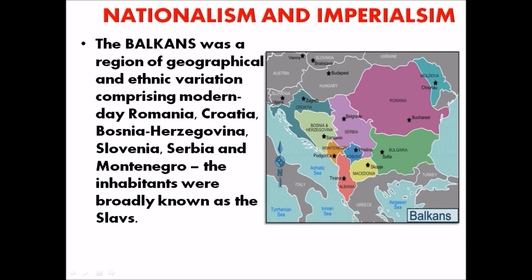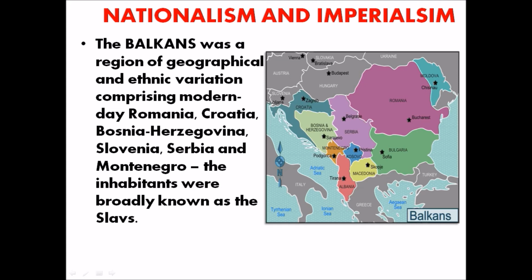The Balkans was a region of geographical and ethnic variation, comprising modern-day Romania, Croatia, Bosnia-Herzegovina, Slovenia, Serbia, and Montenegro.